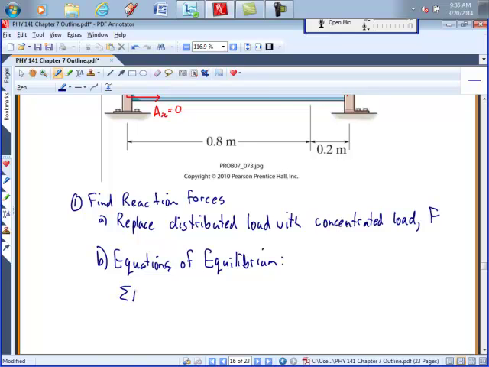So if we do moments about A, there's only one positive moment about A, and that's going to be from the reaction force at B, which is 1 meter away, By.